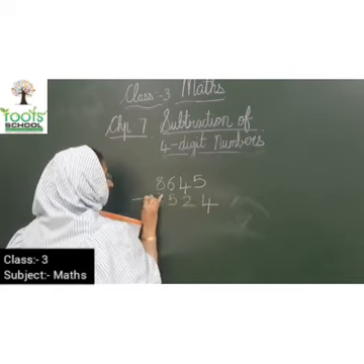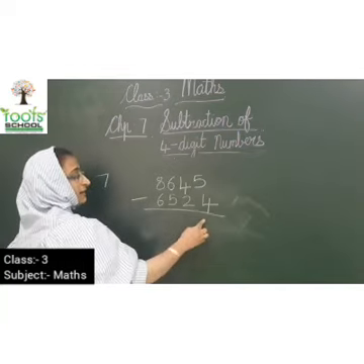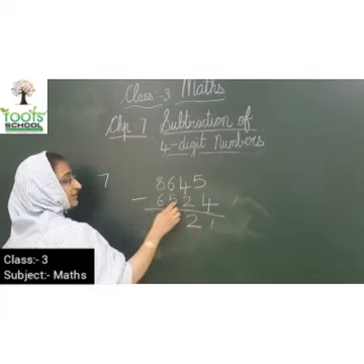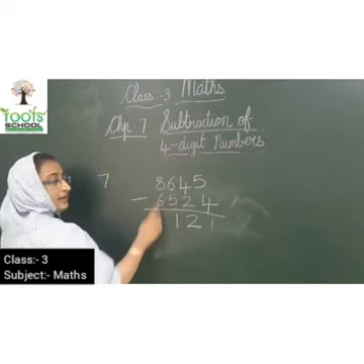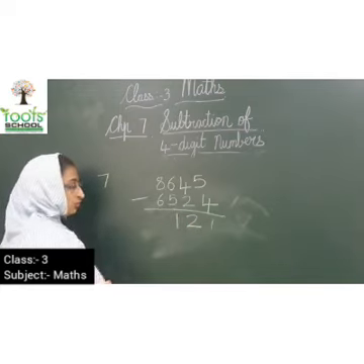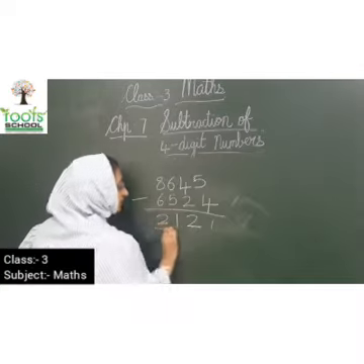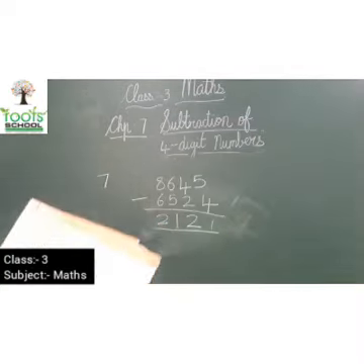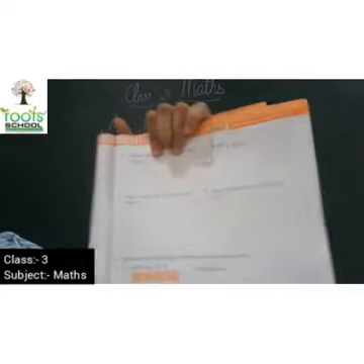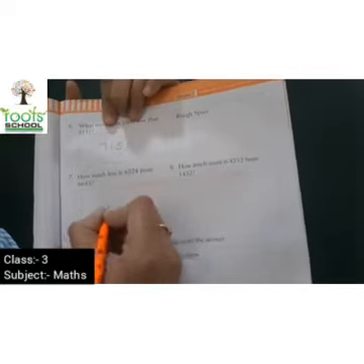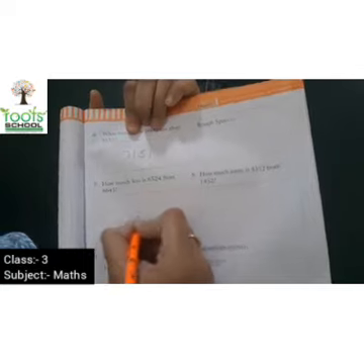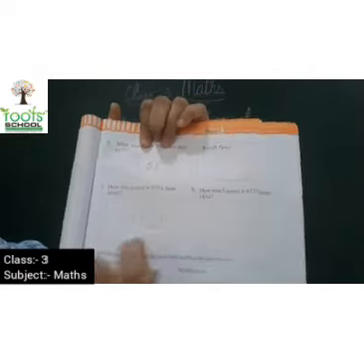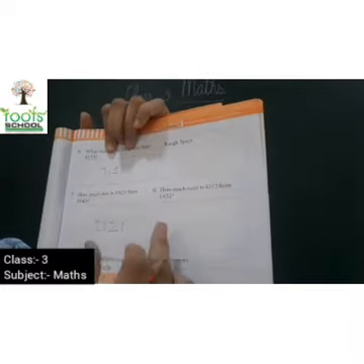Now you have to subtract. 5 minus 4 is 1. 4 minus 2, 2. 6 minus 5 is 1. And 8 minus 6 is 2. So what is your answer, kids? 2121. So what are you going to write here? 2121. This is your answer.